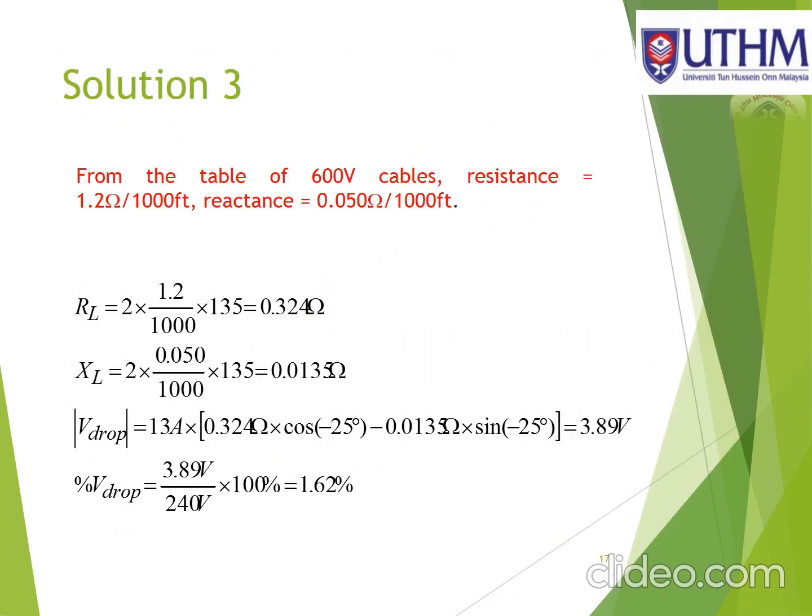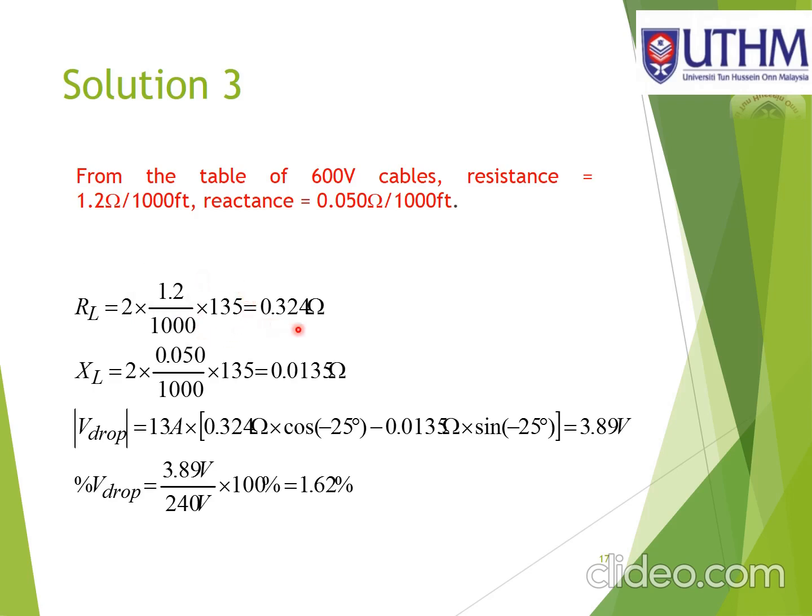After we get the value of R and also X, we have to calculate RL and XL. So here we divide the value of R, 1.2, by 1000, and then times the length given, 135 feet.